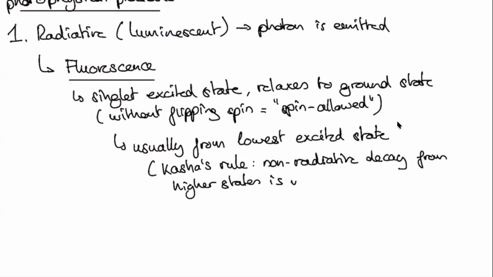It's much faster. So even if you excite with a higher energy than you need to reach the first excited state, so you're in a higher vibrational state, you have this very rapid non-radiative decay, without emitting a photon. And then once you reach this lowest first excited state, you go down, you emit a photon, and you have fluorescence.